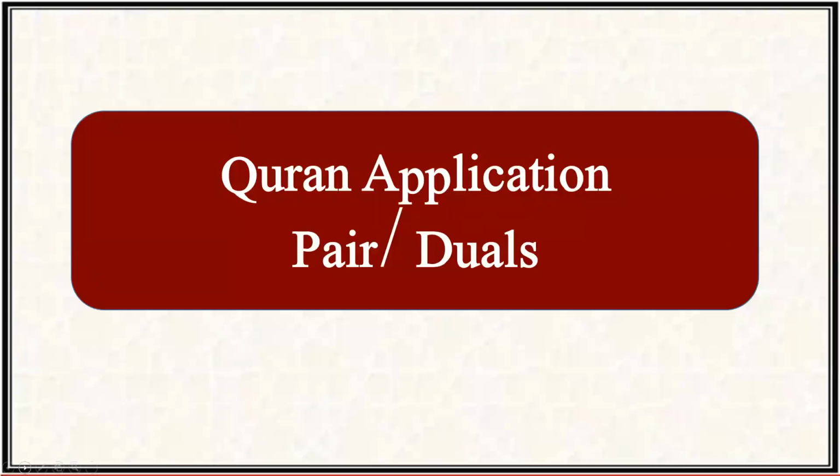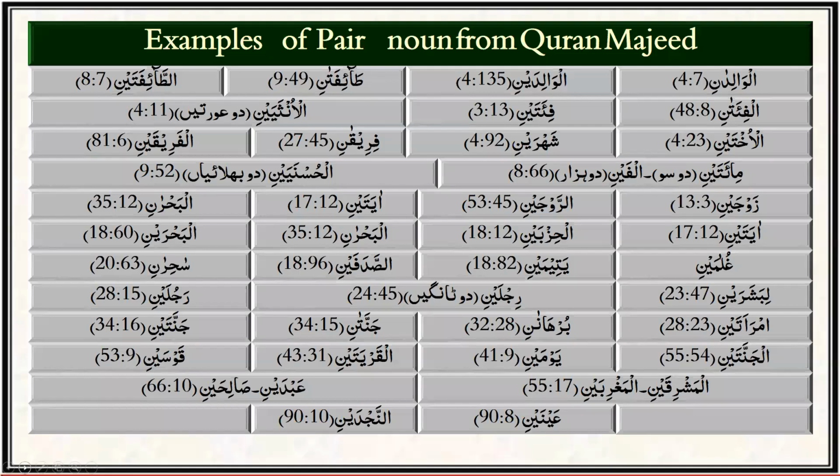Now let's carry out the Quranic application and find out the pairs from the Quran Majid. Now these are the examples, these are the pair words used in the Quran Majid.